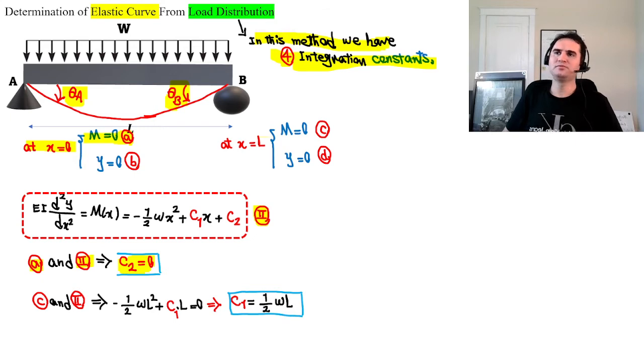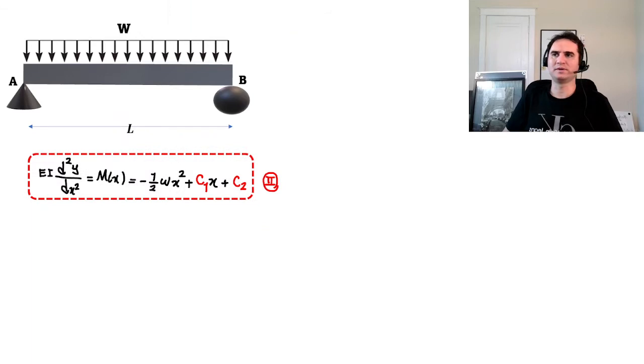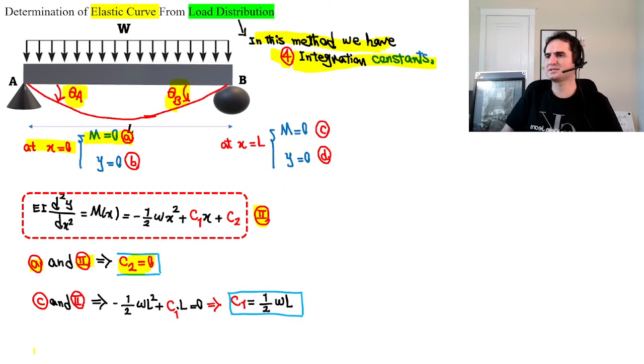C and 2 gives us C1 equal to half of WL. If you replace C in 2, which is the equation of moment, it gives you C1 equal to half of WL.